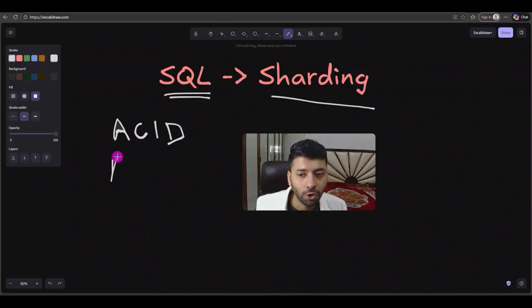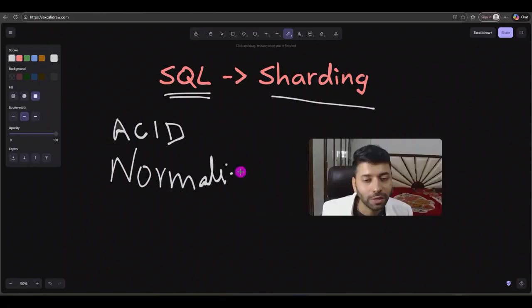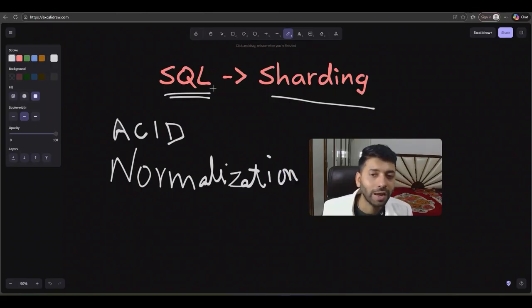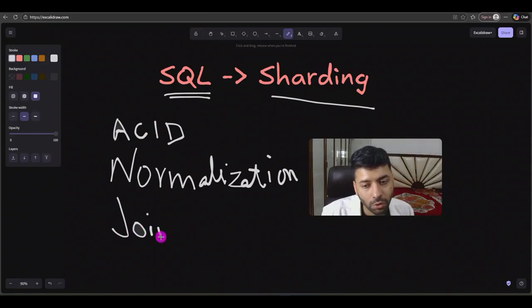And in SQL we follow normalization. We normalize, which means we create different tables based on the role, and that helps in maintaining consistency. And then we use joins in SQL. SQL is good for joins because it follows normalization, and of course you need to get the data across multiple tables, so you would need joins for it.